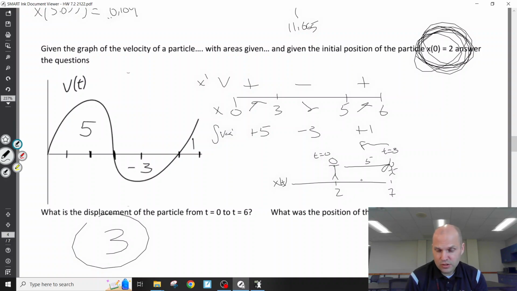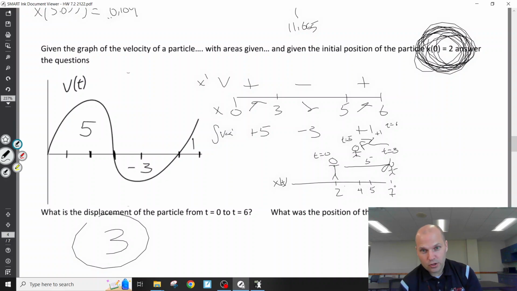So now, 7, 6, 5, 4, I'm at my position at t equals 5. And then I finish up moving to the right 1. At t equals 6, I'm now at a position of 5. So like 2, add 5 goes to 7. Starting at a position of 2, I go to 7, I go back down to 4, and then I go up to 5.